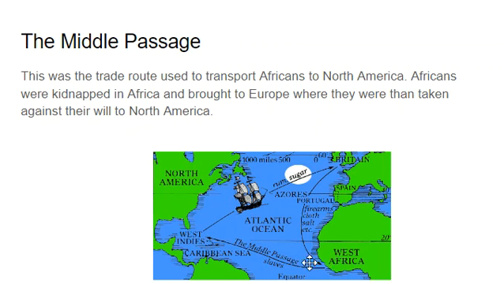They were then sent to the United States, or they would go back to Europe, but it was from Africa, and it kind of forms this triangle. And this is considered the Middle Passage right here. And yeah, it's a really bad time in history, especially regarding Africans and slaves, but that is where it starts.